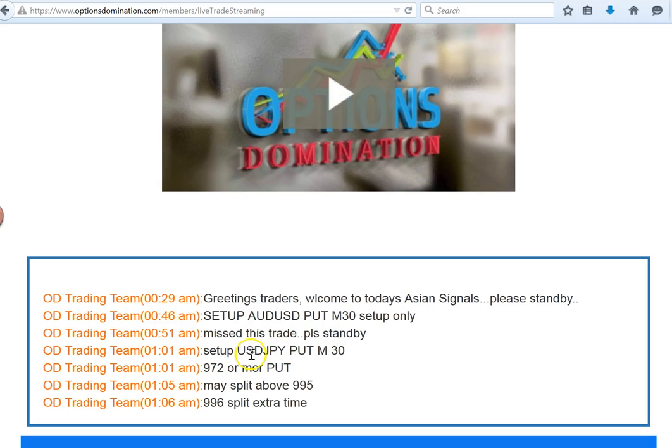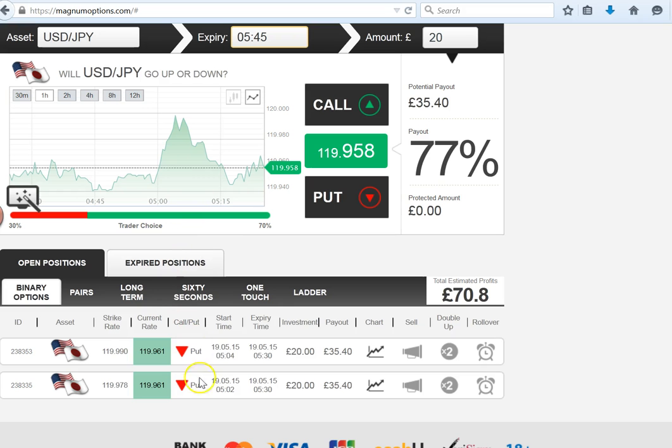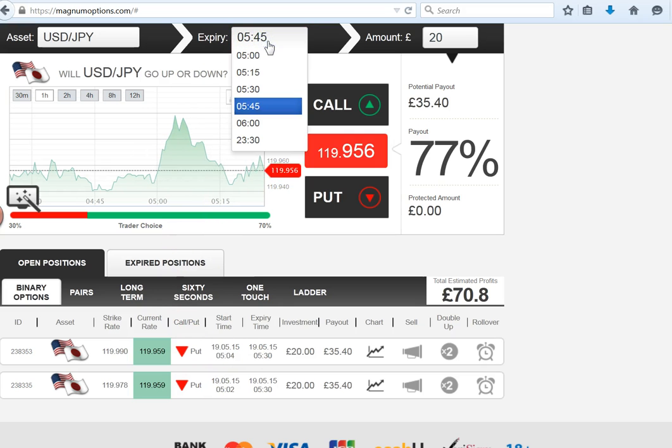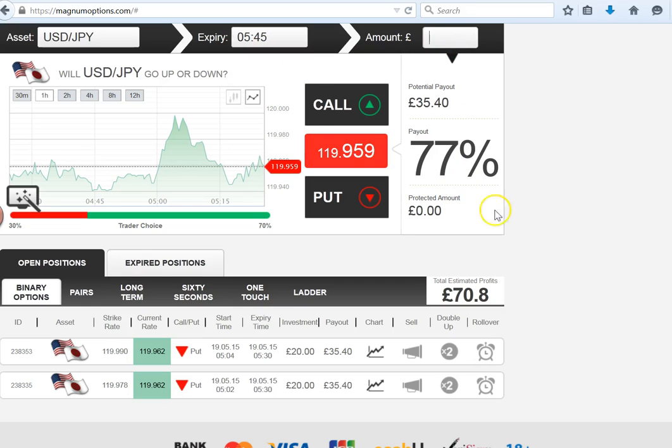The second trade, which I believe we all took because there was enough time for everybody to take it, was the USD JPY. That is the trade here. You can see the time I selected. These are the times that were available, the expiry and the amount.